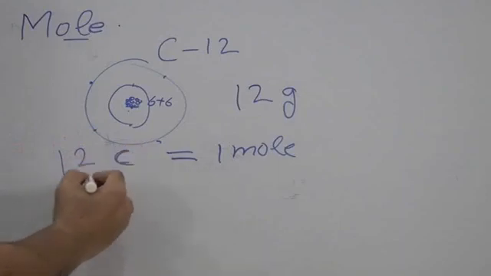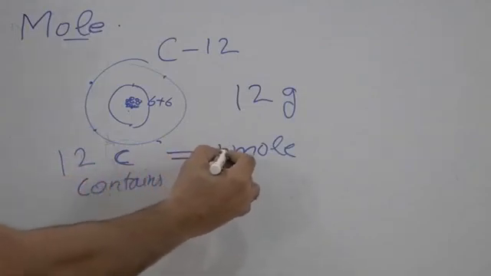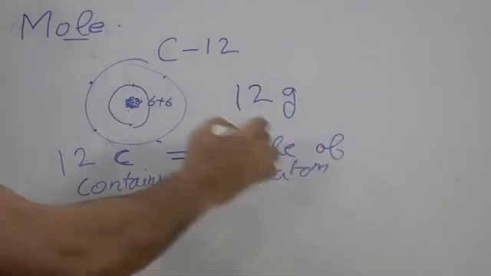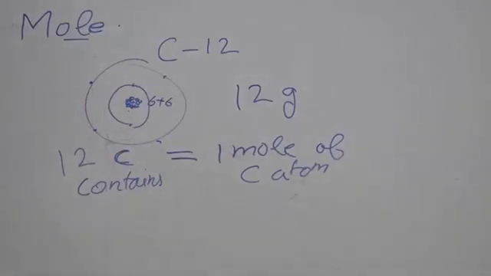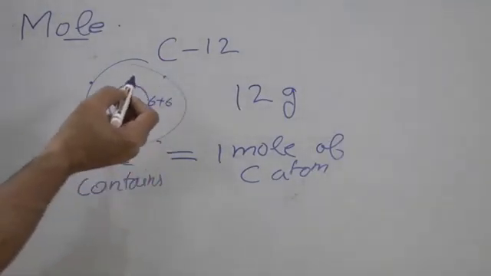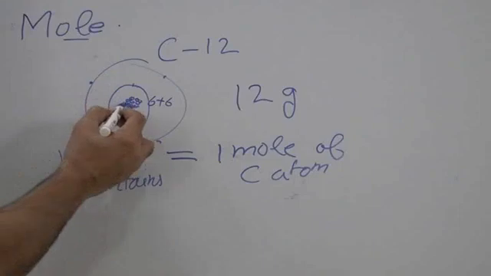12 gram carbon contains exactly 1 mole of carbon atoms. That is exact, and we know very well that atoms may not always have equal numbers of electrons, protons and neutrons as in the carbon atom, or even some energy is wasted in fusion by conversion of some of the mass of the nucleons.